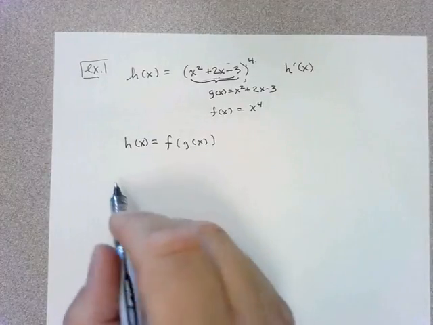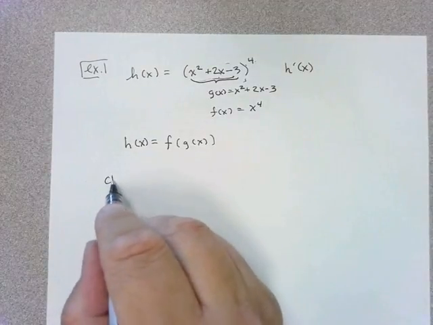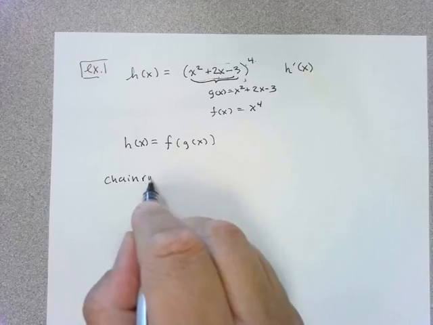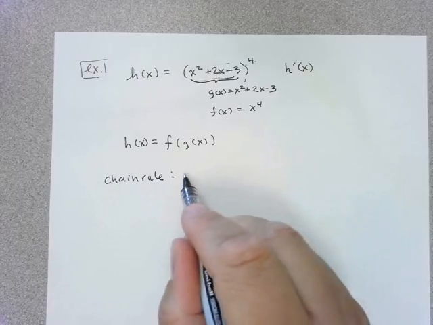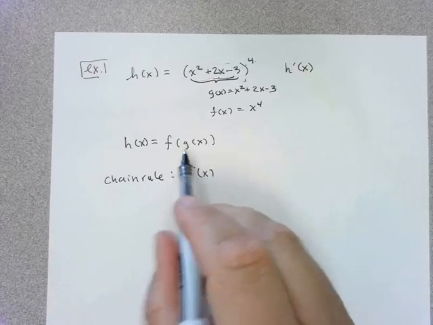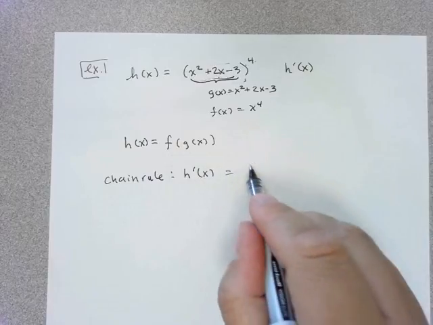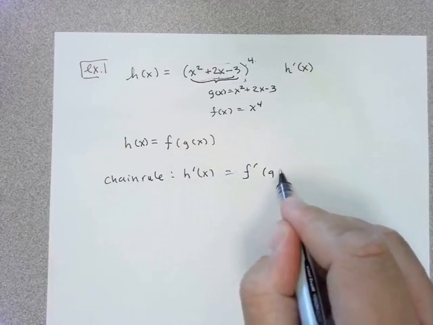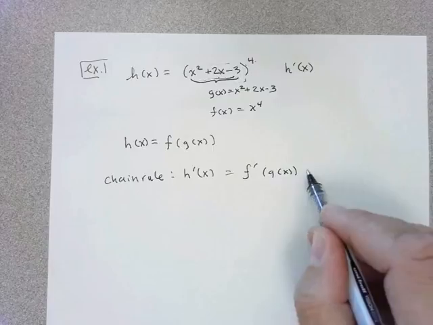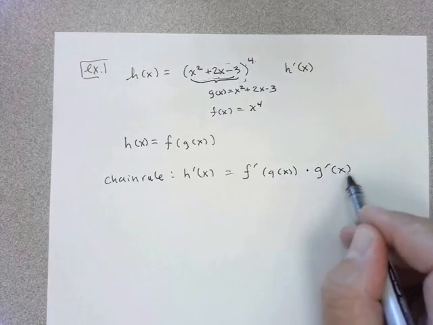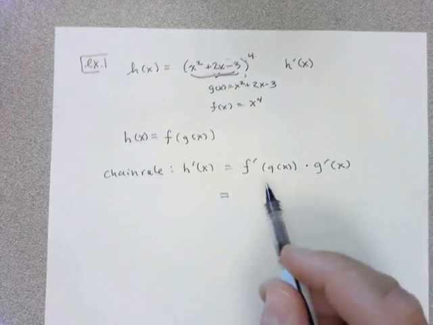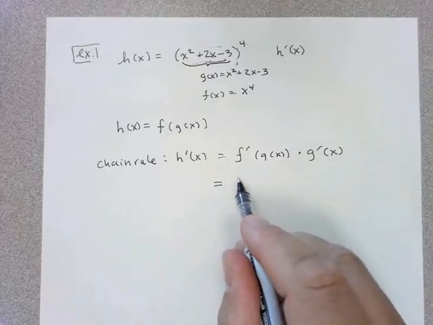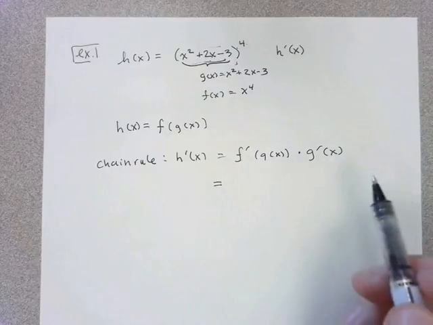So the chain rule tells me, from the previous page, h prime of x, the derivative of this, is f prime of g of x times g prime of x. So I need f prime and I need g prime.